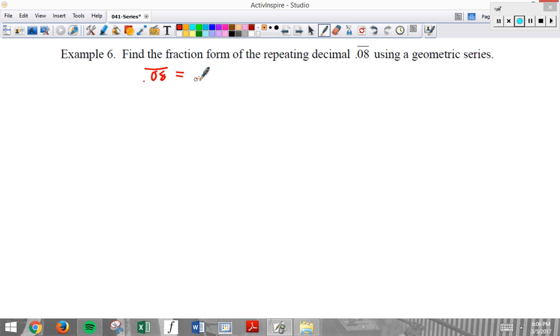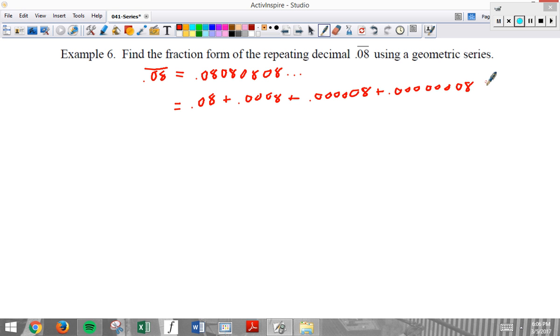Well, that means it's 0.08, followed by another 08, followed by another 08, on and on and on. Could you also write this as 0.08 plus 0.0008 plus 0.000008, like that?